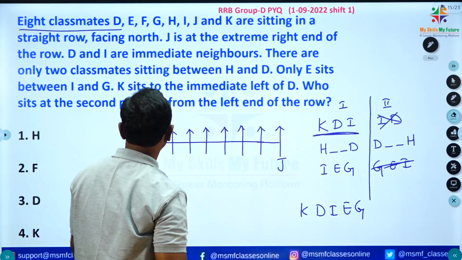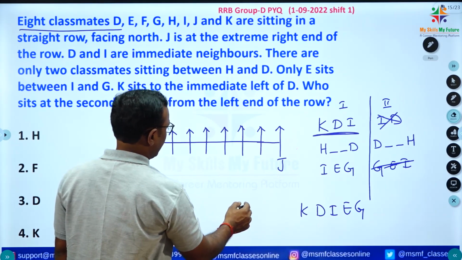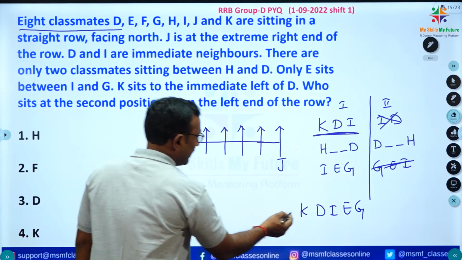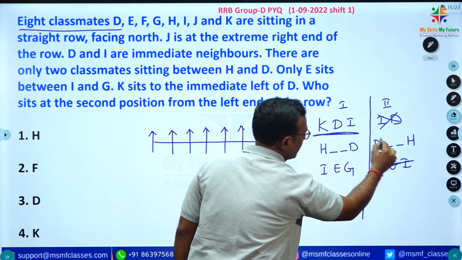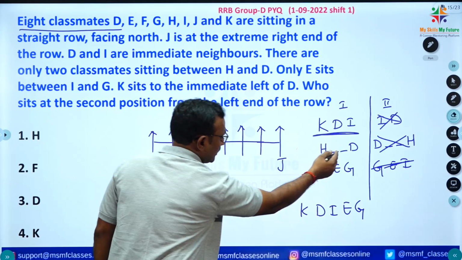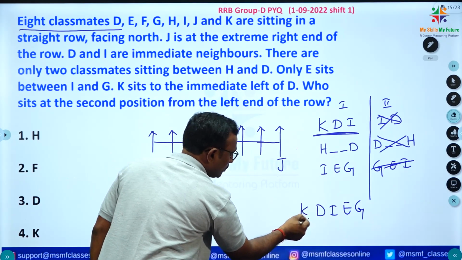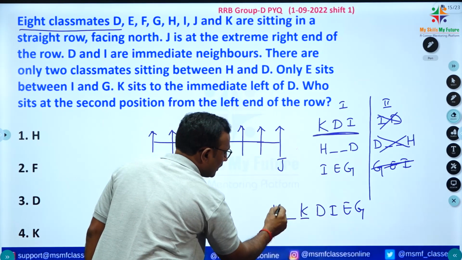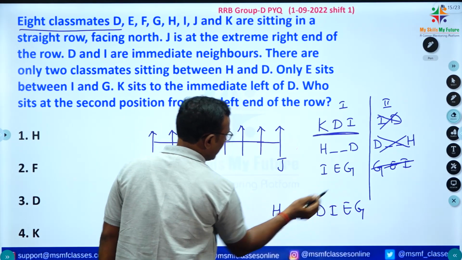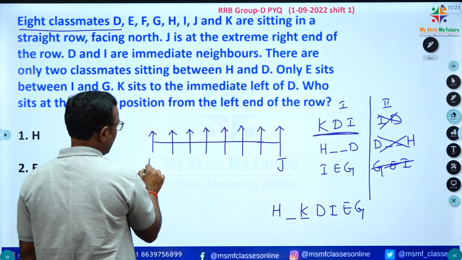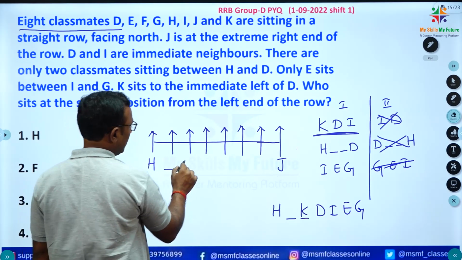Okay, right. There is no possibility of writing for this. This will also cancel. So between H and D we have 2 persons. How many persons are there? 1, 2, 3, 4, 5, 6, 7. So the 8th person is there. H we don't know here.